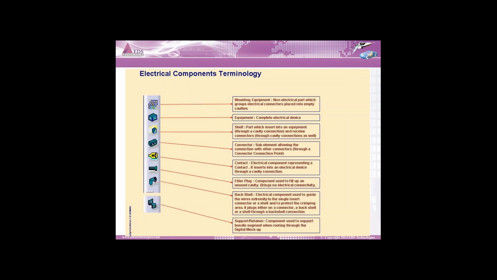As we discussed in the last webinar session, any mechanical component needs to be converted into one of these electrical components. Until it is converted, you cannot use those components for electrical harnesses. So the foremost requirement is that all your standard components need to be converted into standard electrical components.